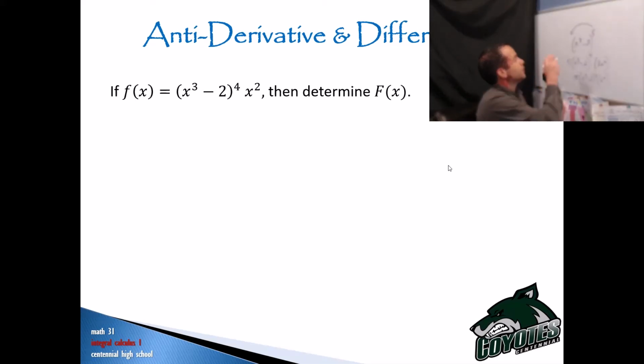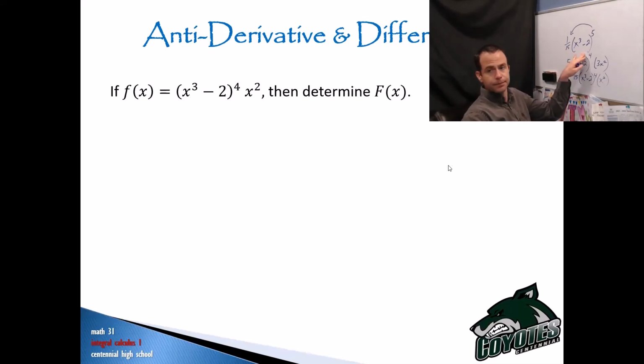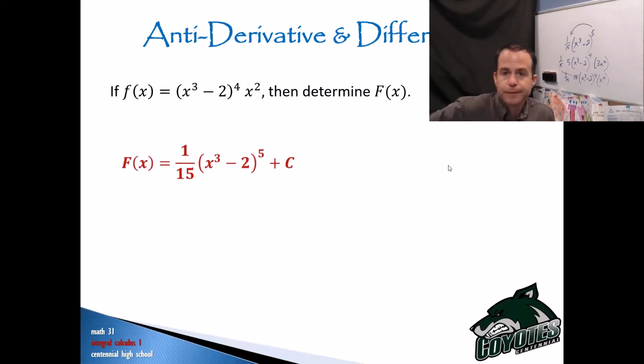If my original guy was 1 over 15, then when I do the derivative, I have 1 over 15 times 15, and that would give me exactly what I want. And so I would be looking at 1 over 15, x cubed minus 2 all to the 5, plus c.